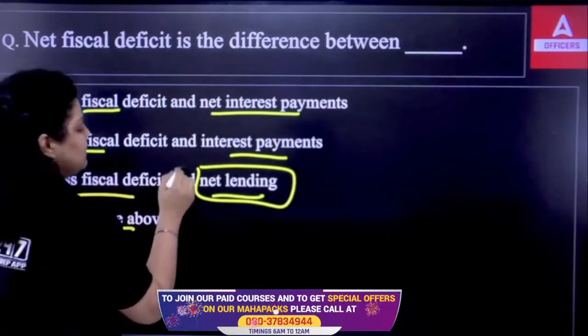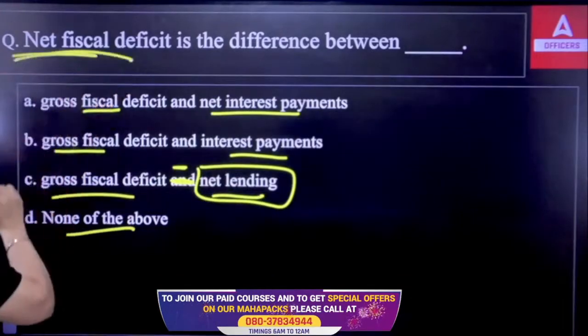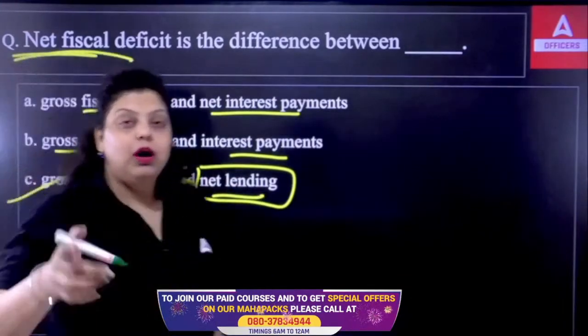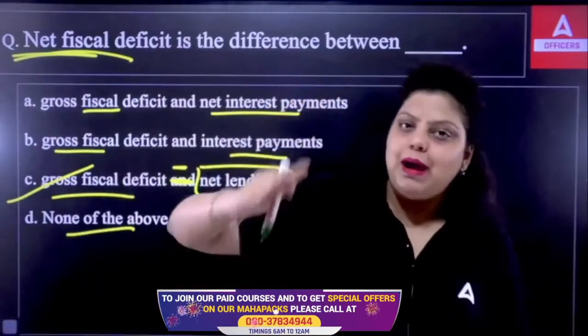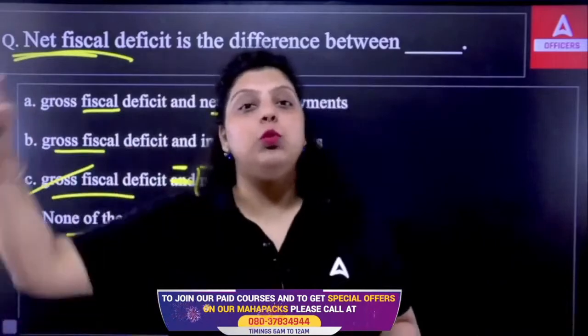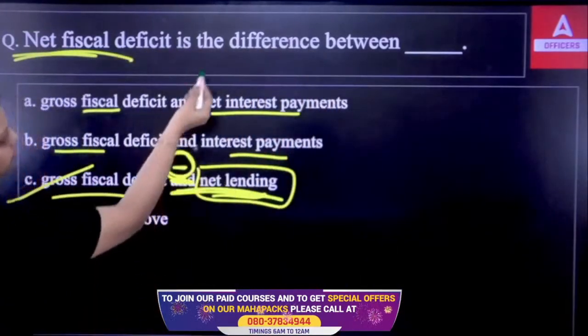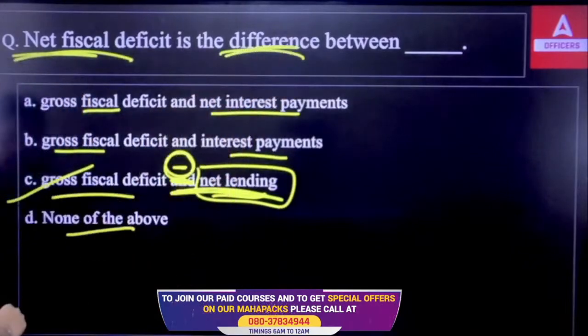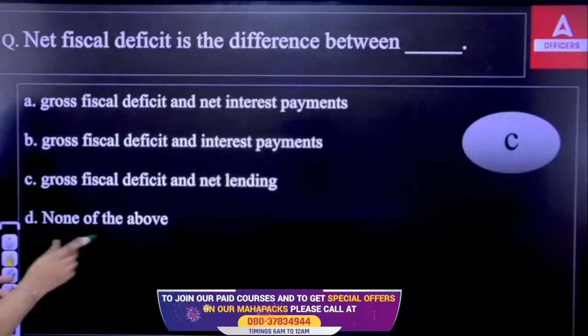So when you subtract the net lending from the gross fiscal deficit, you get the net value of fiscal deficit. Because we have discussed that fiscal deficit is the total expenditure of the government minus the total income of the government excluding borrowing. So you have excluded the borrowings here, and that's why it's a difference. Clear? So the right answer is option C. Next.